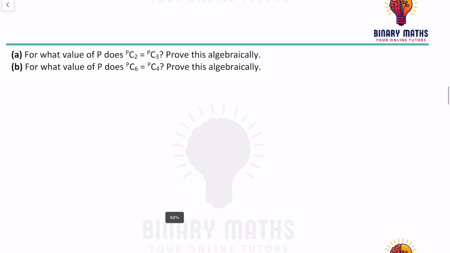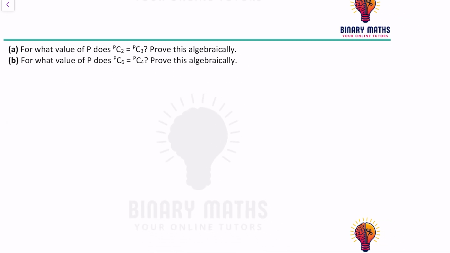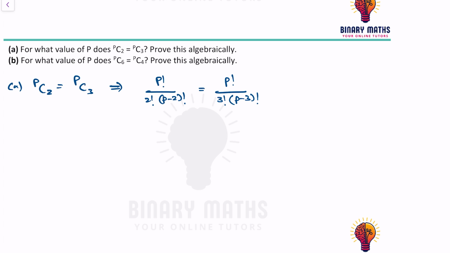Okay, next one. For what value of p does p choose 2 equal p choose 3? Prove this algebraically. So p choose 2 is equal to p choose 3, which implies p factorial over 2 factorial, p minus 2 factorial is equal to p factorial over 3 factorial, p minus 3 factorial.